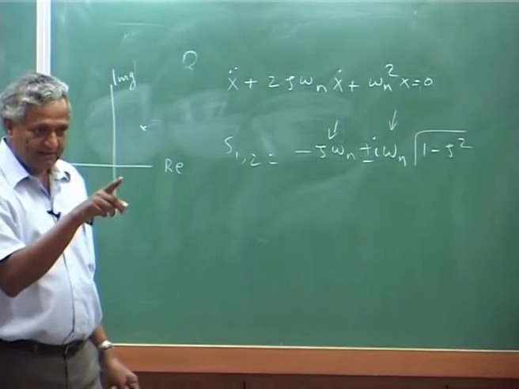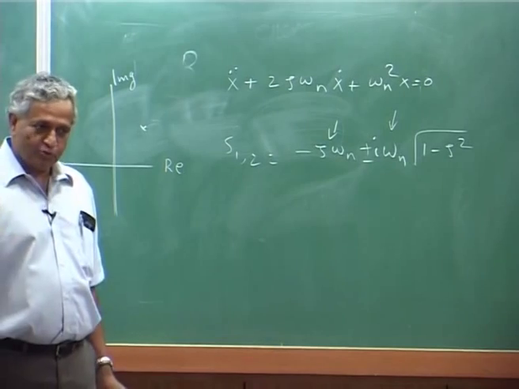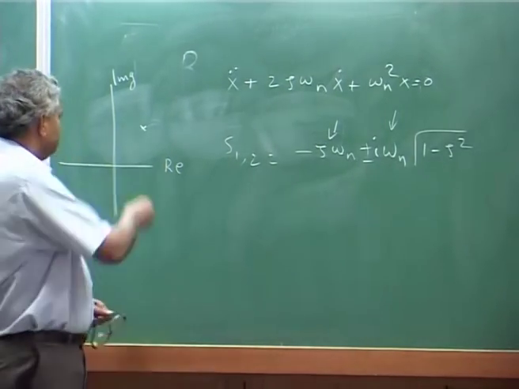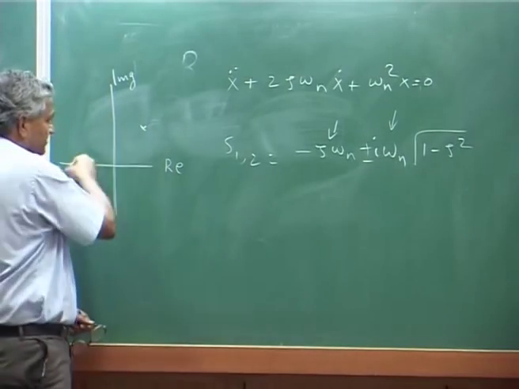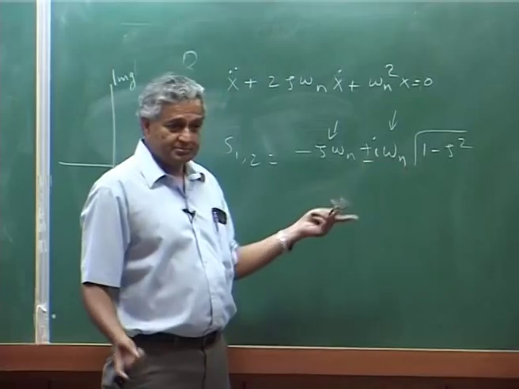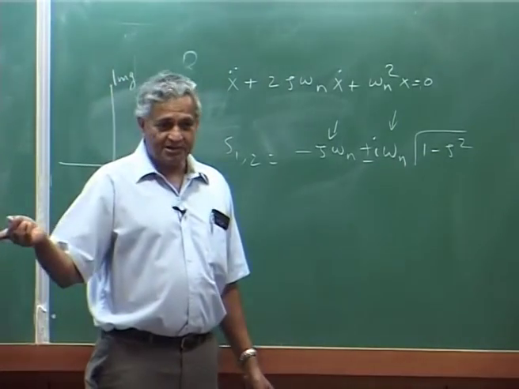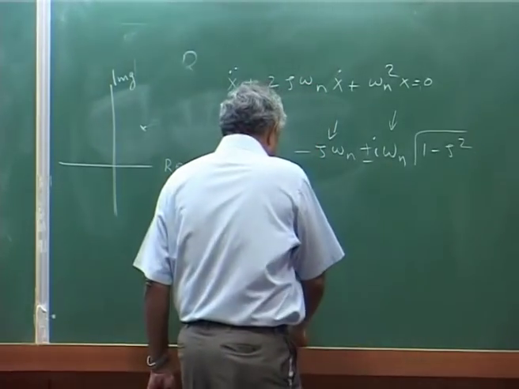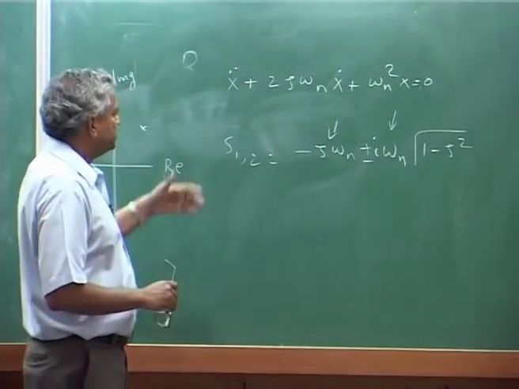Mu will be varying, but the other two quantities are fixed. Then you go to the next set, that is all. You plot this in this curve, real and imaginary. Only thing is you have to estimate these two from your response curves, that is all.